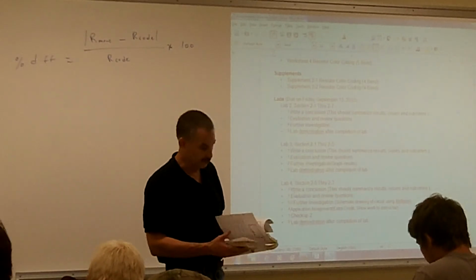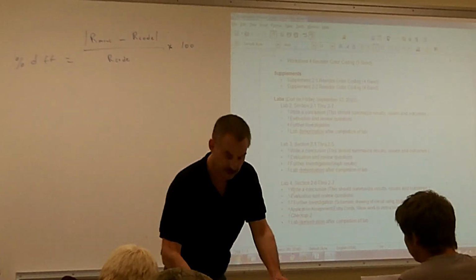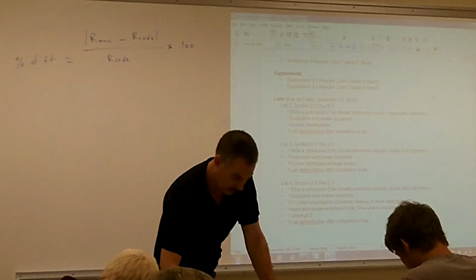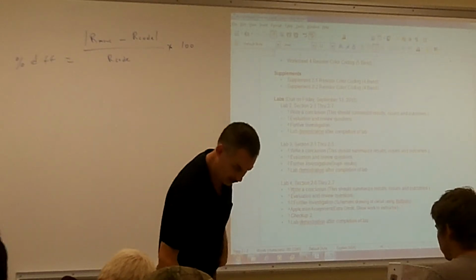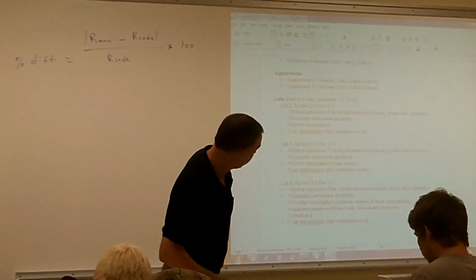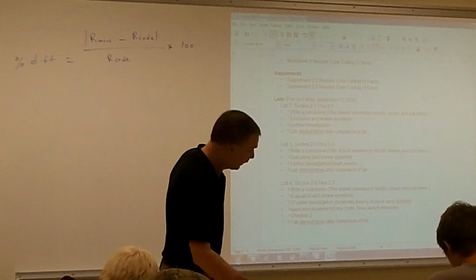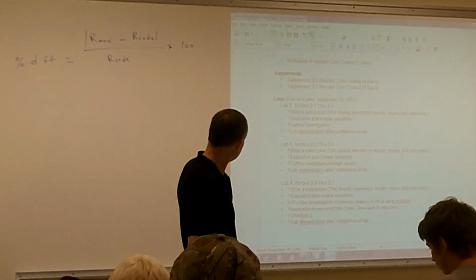Lab 2 was the measurement one. That one you could do most of it at home, and then you just had to set up the power supply here. So that was the one on how to do the basic measurements, reading the analog meters and stuff. So complete all the questions and just show me that you did it. You got it still hooked up and you can turn on the power supply and measure the voltage and stuff. So that was lab 2.